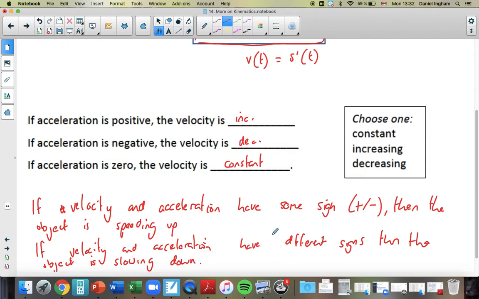Another way of thinking about this is if the velocity and the acceleration are going in opposite directions, then they're working against each other. Whichever direction the velocity is going, the acceleration is going in the other direction, and therefore it's slowing down. Whereas if velocity is positive and the acceleration is making it more positive, then it must be speeding up. If velocity is negative and the acceleration is also negative, it's making it even more negative, and it's going even quicker, just in a different direction.